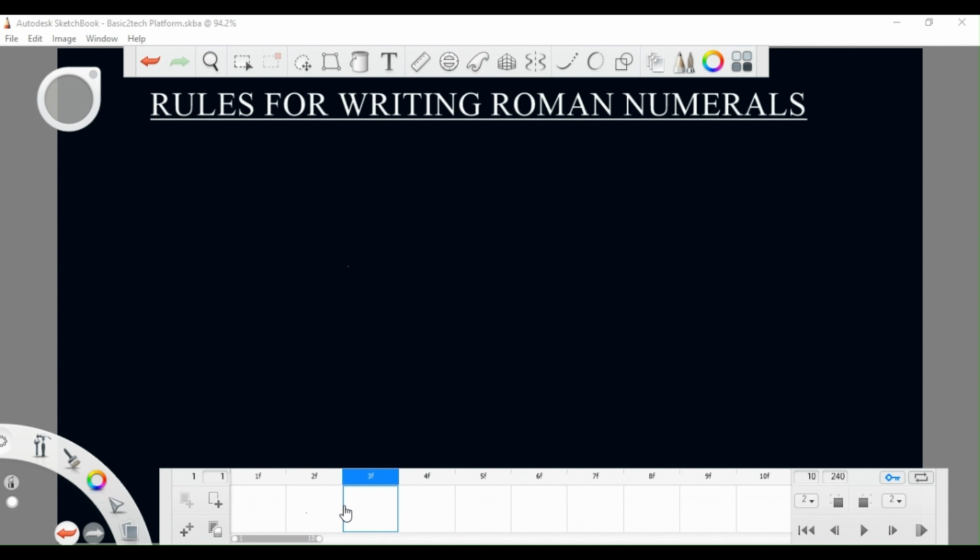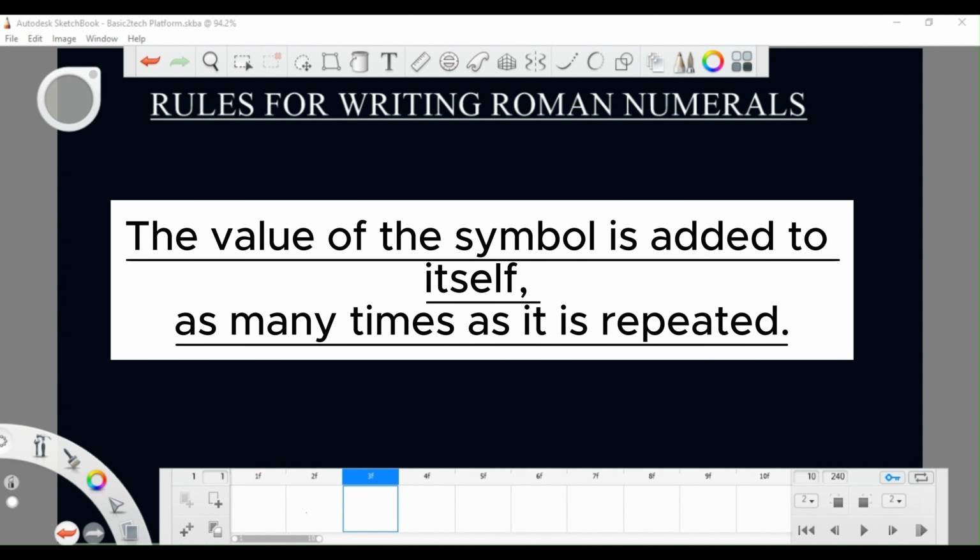Now let's look at the different rules that we use for writing Roman numerals. There are certain rules to be followed if we have to represent a number in Roman numerals. Now let's check the first one. Rule number one is that the value of the symbol itself is added to itself as many times as it is repeated.